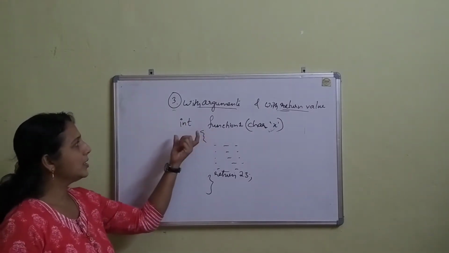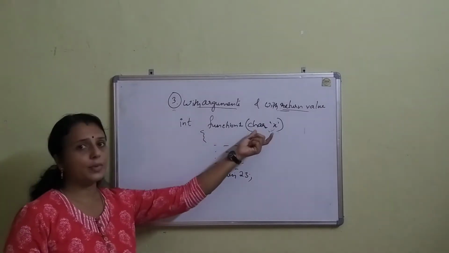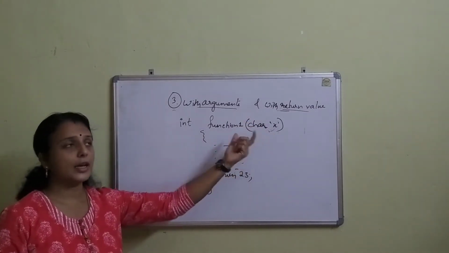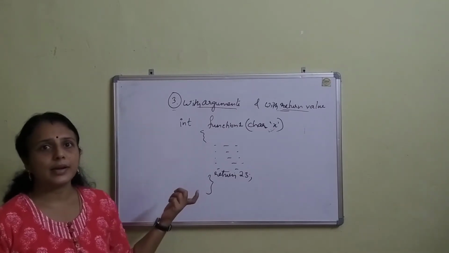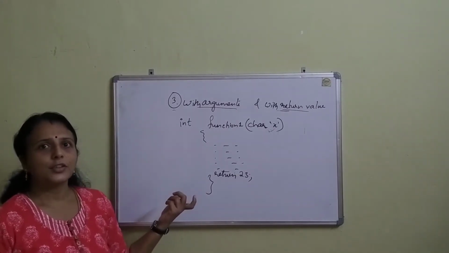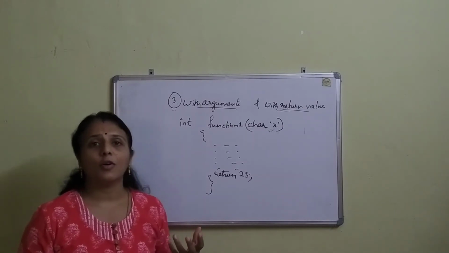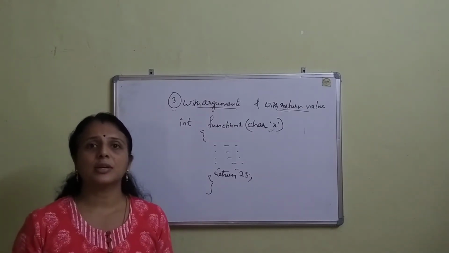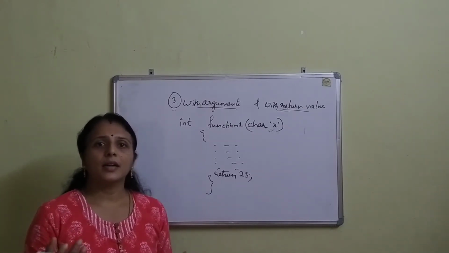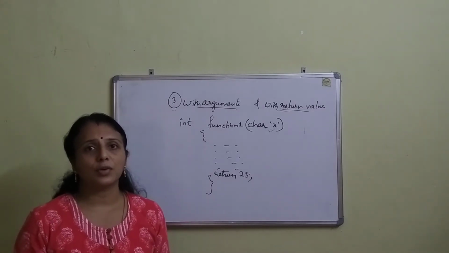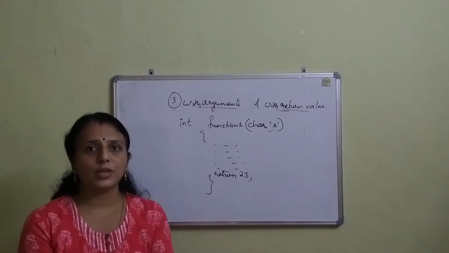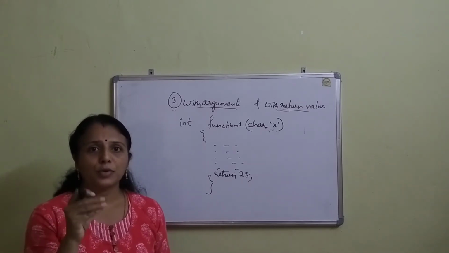It is not necessary that if the argument is of some particular type, then the return value should also be of that particular type. In the case of a banking operation, when you want to deposit money in your account, you provide some money to the bank, and they deposit that money.